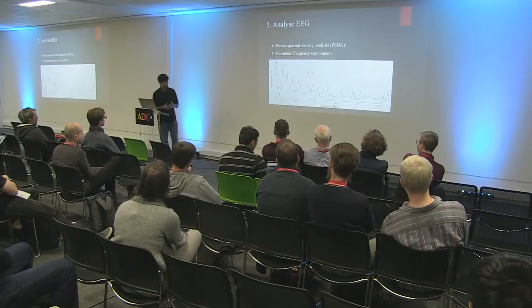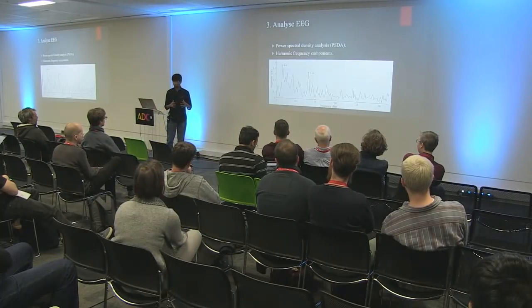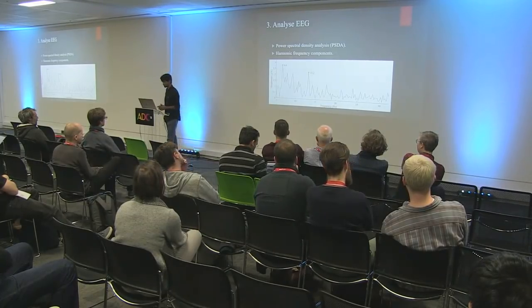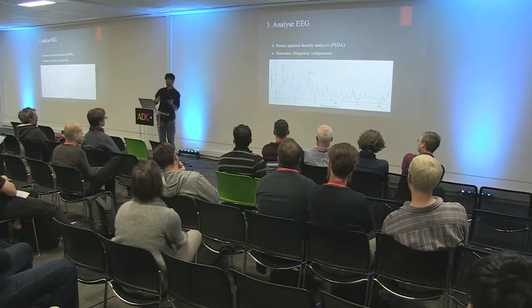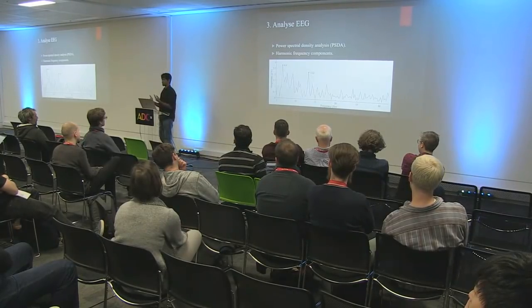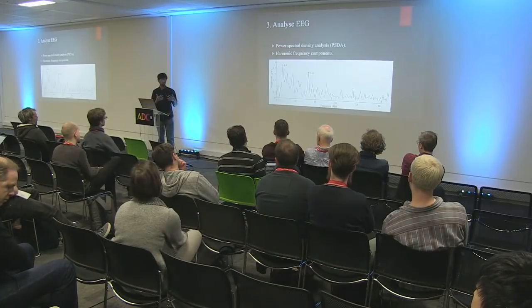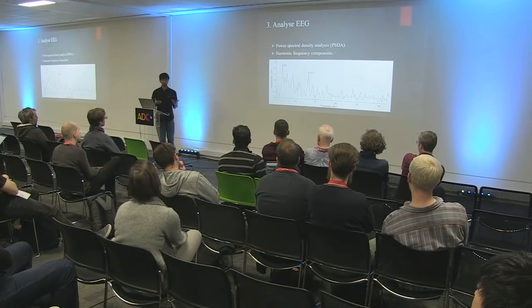Another interesting phenomenon is the harmonic frequency components in SSVEP. Suppose a user is gazing at 6.6 hertz. Along with 6.6 hertz, you will also have 13.2, 19.8, and 26.4 hertz. You have different harmonics that are detected in the user's EEG.